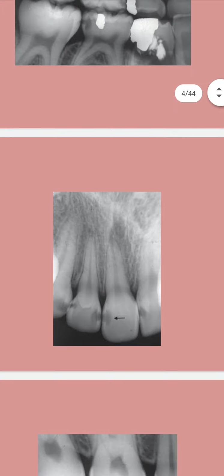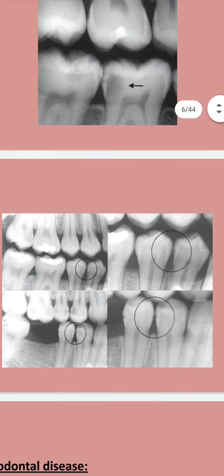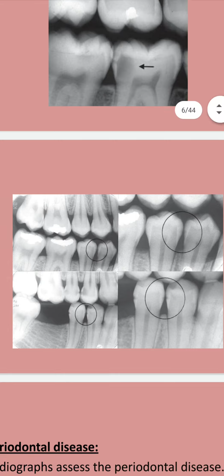This is a radiograph of central and lateral, as shown in the black arrow, interproximal caries. Also, lower 6 with distal caries. Also, this bite-wing image shows interproximal caries.